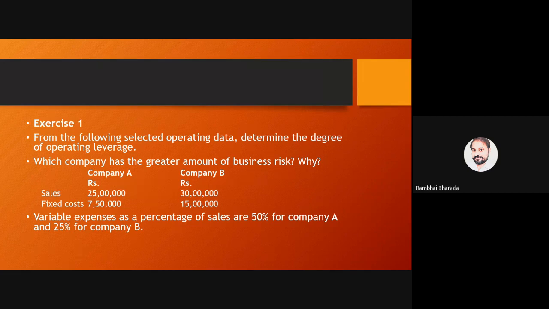So for company A, sales amount is 25 lakh, minus fixed cost 7 lakh 50,000 and variable cost for company A 12 lakh 50,000, which we have just calculated. So ultimately, 25 lakh minus 7 lakh 50,000 minus 12 lakh 50,000.